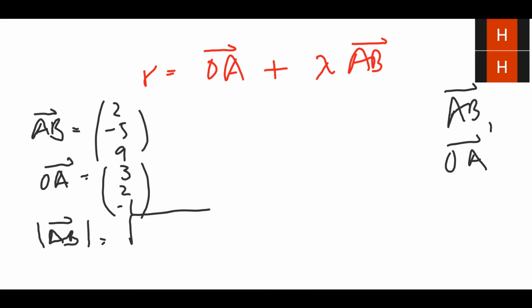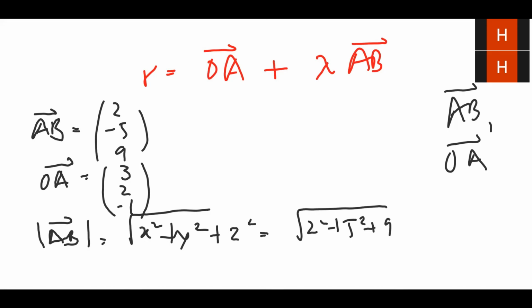Now, in the 2D direction vectors, we said it's going to be x squared plus y squared. However, in 3D vectors, we have the third axis as well, so it will be x squared plus y squared plus z squared. So this comes out to be under root 2 square plus 5 square plus 9 square. Whatever you get is the magnitude of your AB direction vector.